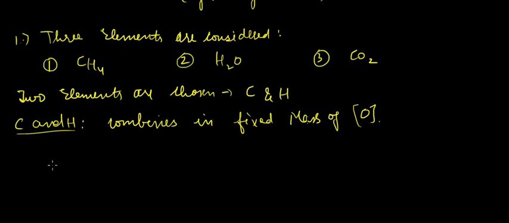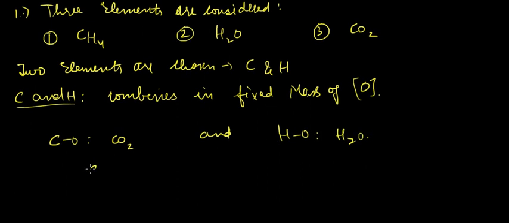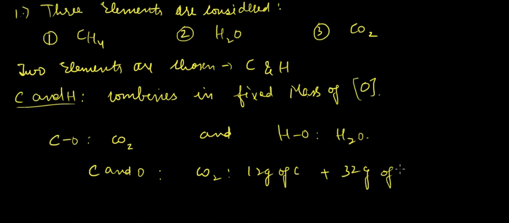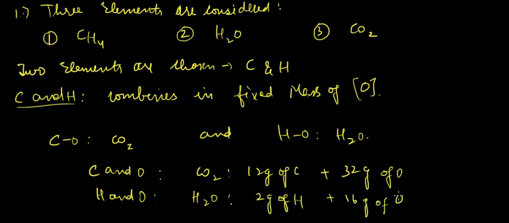If we see the separate products, for C and O it was CO2, and for H and O it was H2O. So we can see that in CO2, 12 gram of carbon combines with 32 gram of oxygen. Similarly, H and O combine together to form H2O with 2 grams of hydrogen and 16 gram of oxygen.